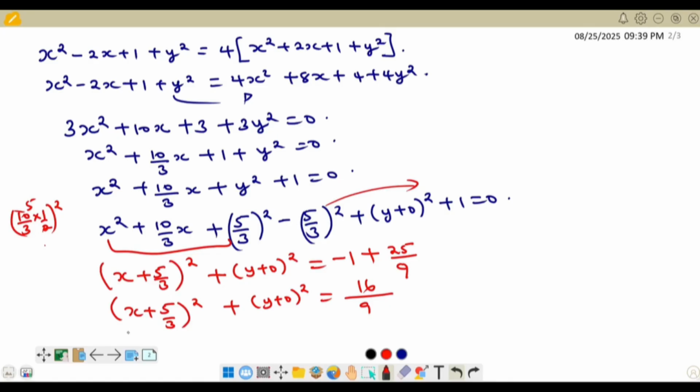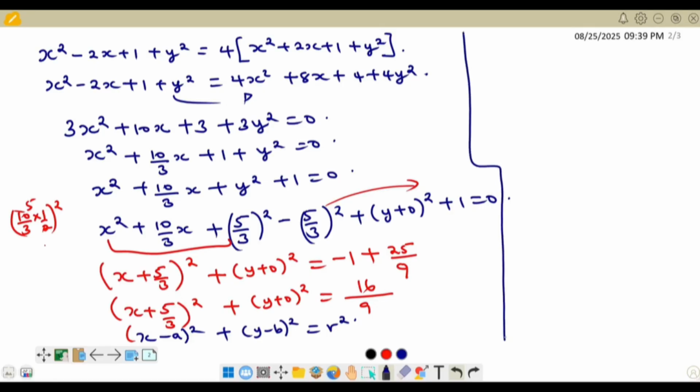So this is of the form x minus a squared plus y minus b squared, which is equal to r squared, which is actually the equation that represents the circle. So from here, it means your a is actually negative 5 over 3, and then your b is actually 0.